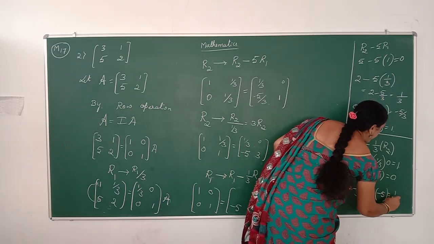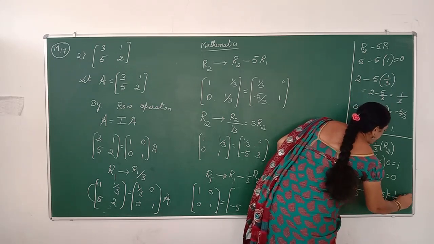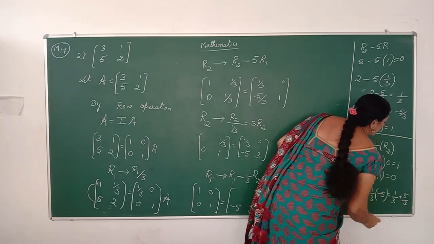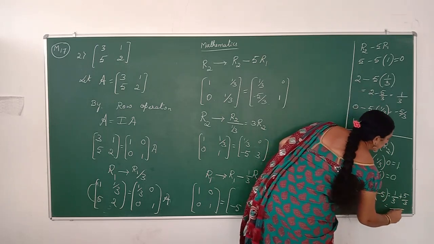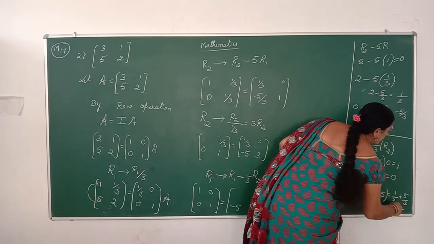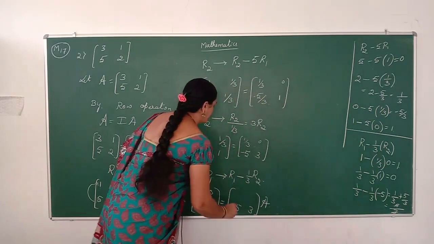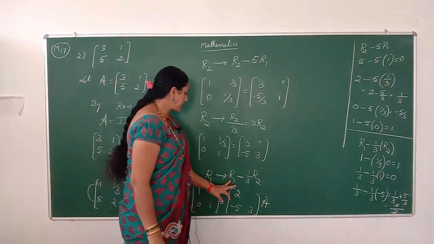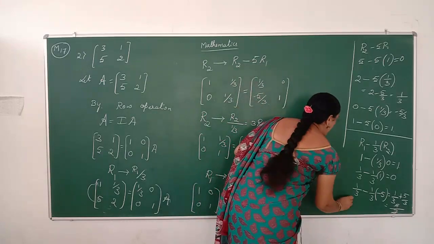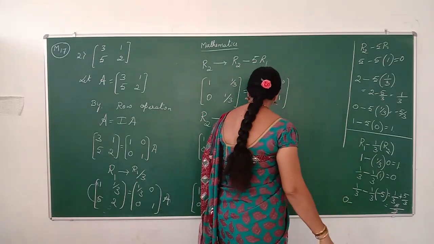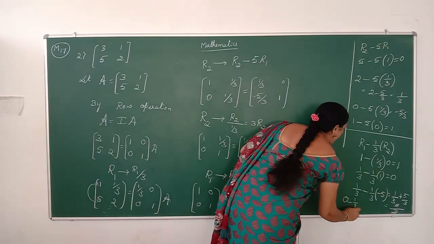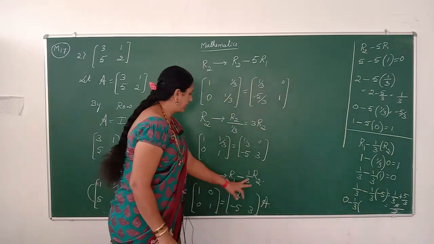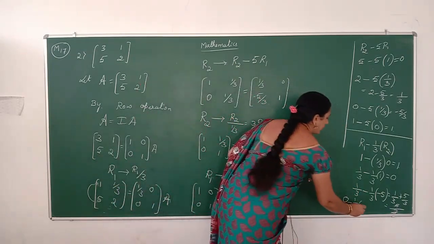In the RHS, R1 is 1 by 3 minus 1 by 3 times R2, which is minus 5. Simplified, 1 by 3 plus 5 by 3. So 3 is the LCM, the numerator is 6, and 6 by 3 is 2. Then the last element of R1 is 0 minus 1 by 3 of R2, which is 3.